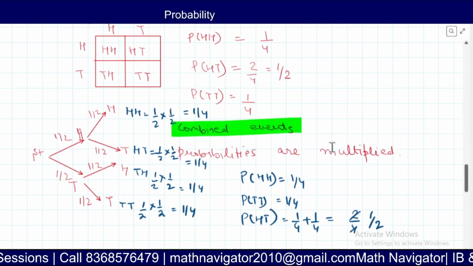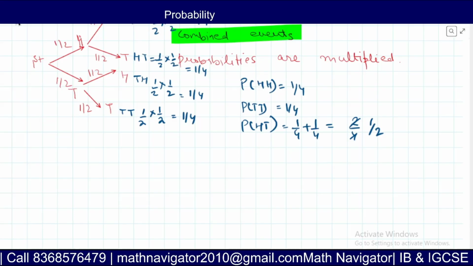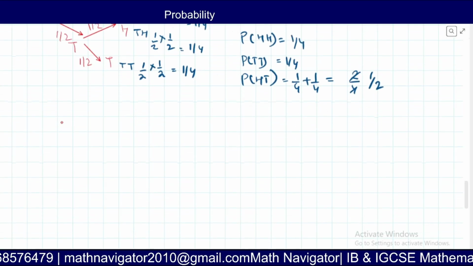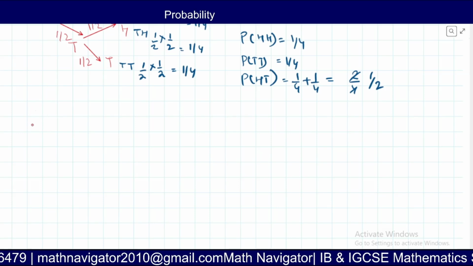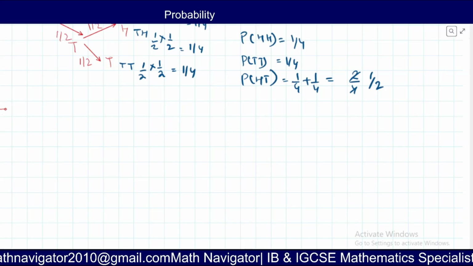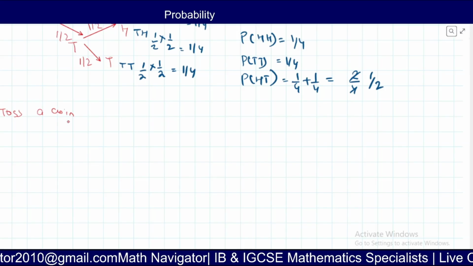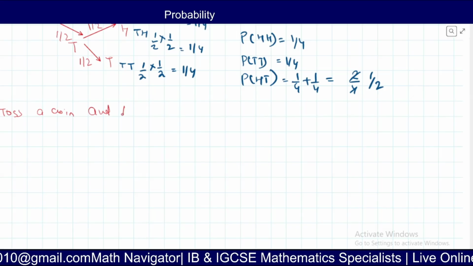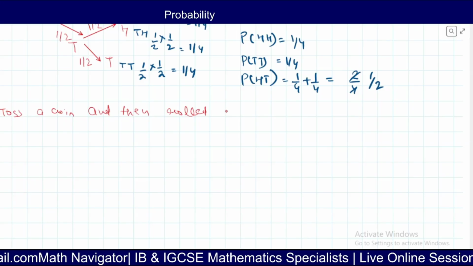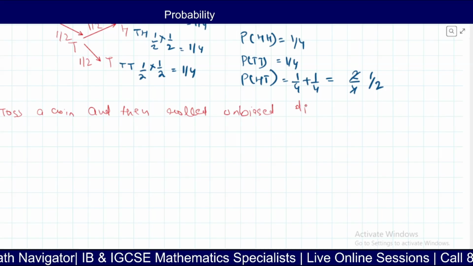Got it? Now let's talk about another example, right? Then you'll understand. So let's say there are two things. I toss a coin and then roll an unbiased die.